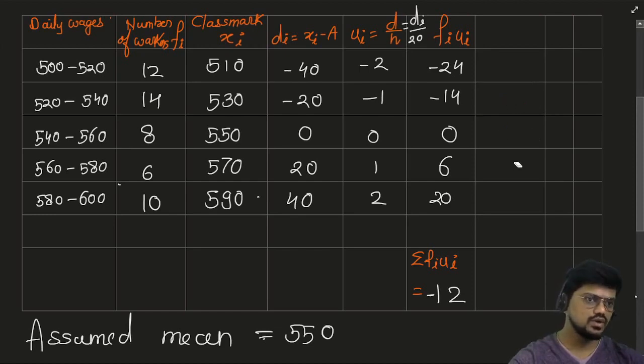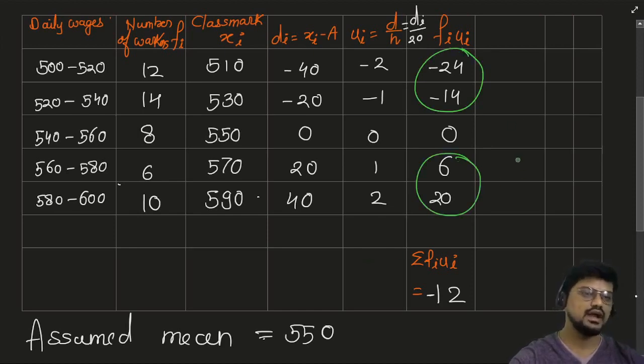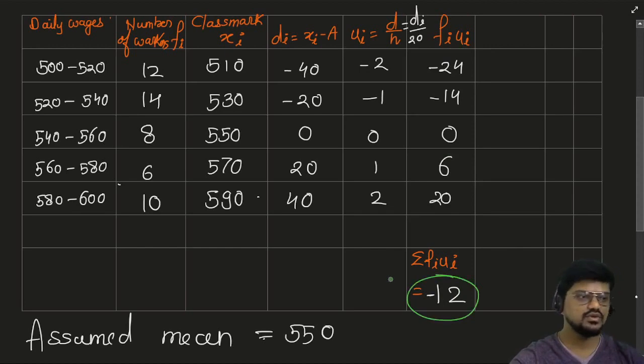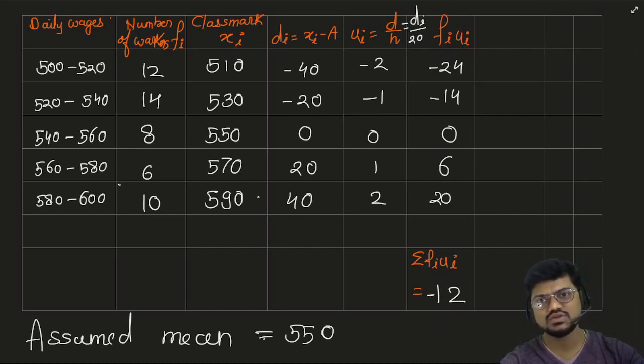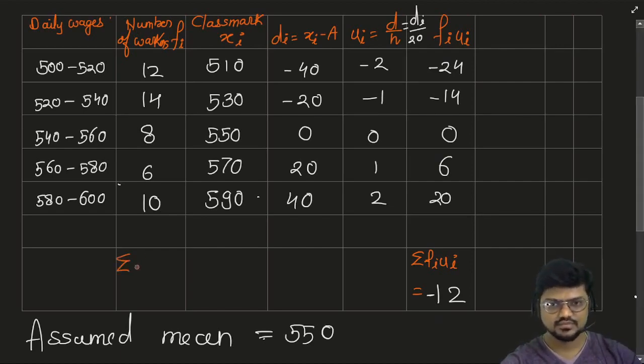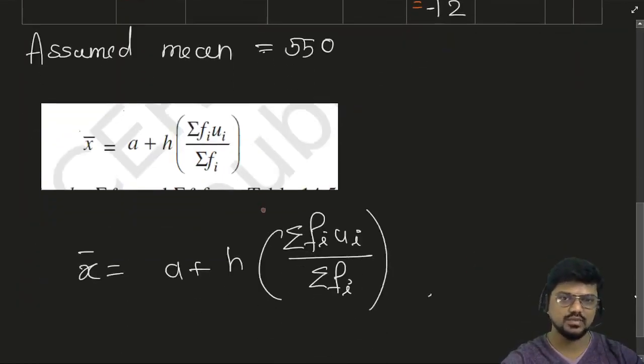To calculate this, first add all the values which are in minus, and add all the values which are in plus, and then add both of them. So you will get summation of fi into ui, which is minus 12. Also, you need summation of fi, because that's there in the formula, no?